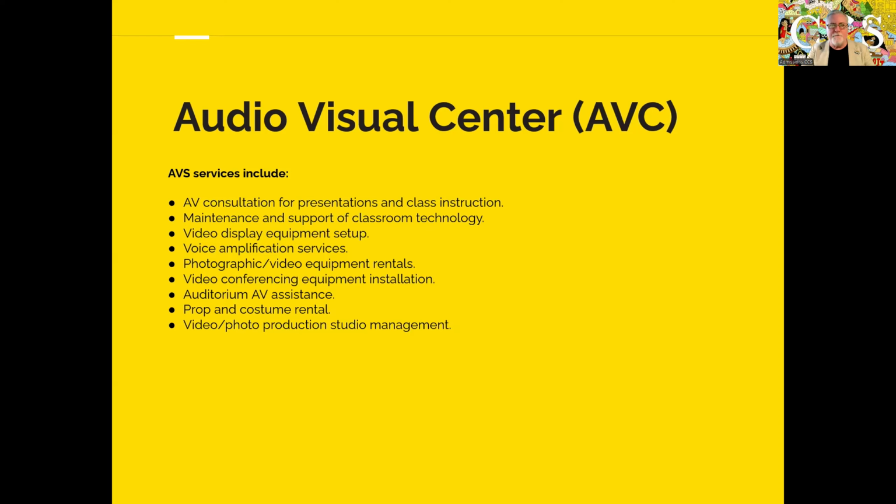So you become familiar with what there is available to you to check out. I believe you can check out GoPro cams and items to document projects with. So a lot of fun stuff. So you'll have access to things in the classroom, but you'll have access to things that you can use outside of the classroom as well through the AVS.